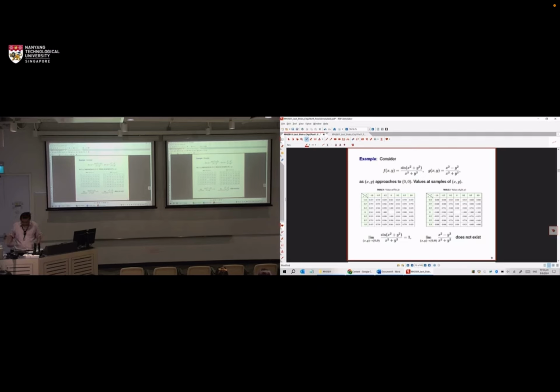Exciting, right? So if I tell you I have two functions, f is very complicated: sine of x squared plus y squared over x squared plus y squared, and g equal to something else. Now I ask you, what is the limit of f as (x, y) approaches (0, 0)? This is the traditional method, maybe 5,000 years ago, where they had not developed the technique yet.